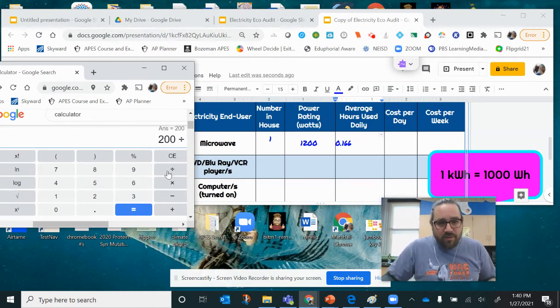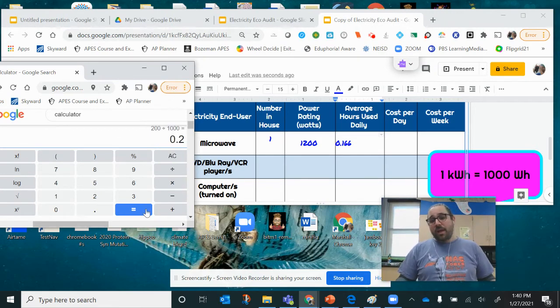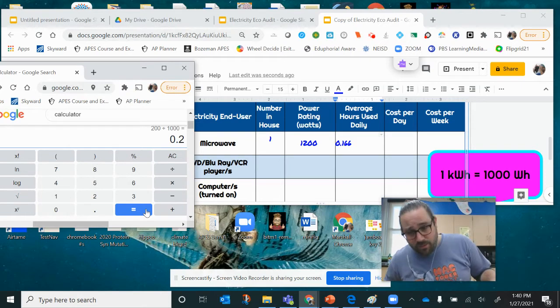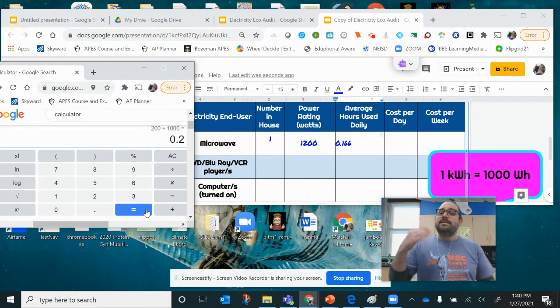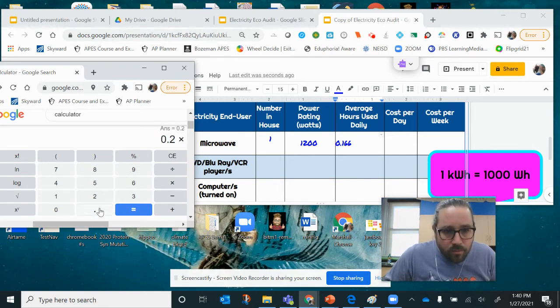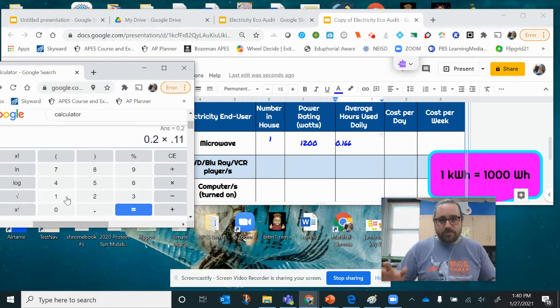So let me divide this by 1,000 and shrink that number down. That's how many kilowatt hours it uses, times 11 cents a kilowatt hour. So times 0.11 dollars, a dime, 11 cents. That's how much I use a day.